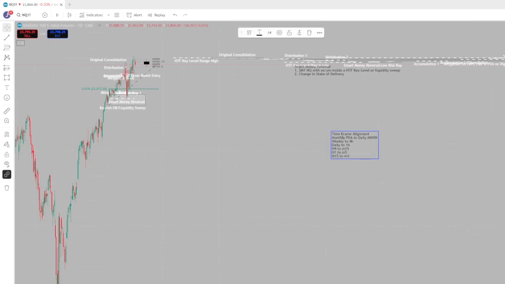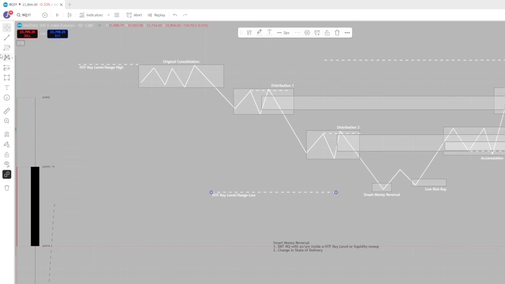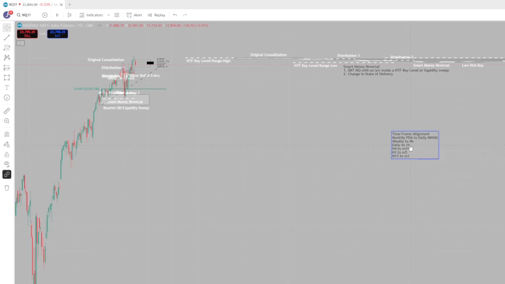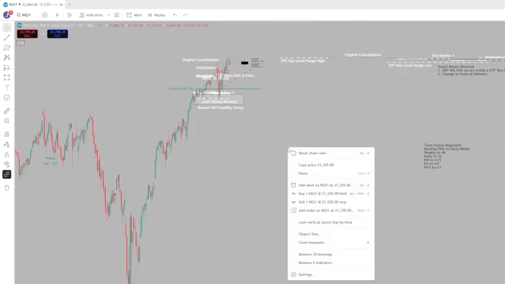Your monthly PD array, which would be right here, is what you're entering into to frame this market maker model, the buy side of the curve: a monthly PD array to a daily market maker model, weekly to the 4 hour, daily to the hour, H4 to M15, H1 to M5, M15 to M1. I'm gonna go ahead and show you an example now.